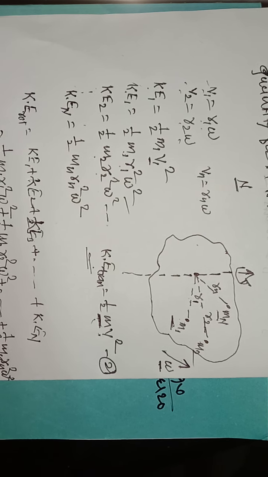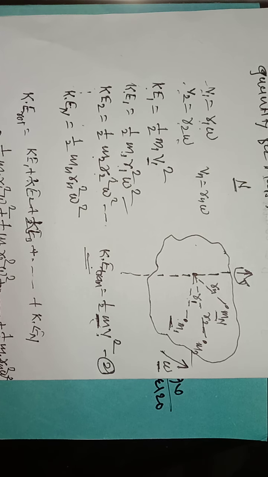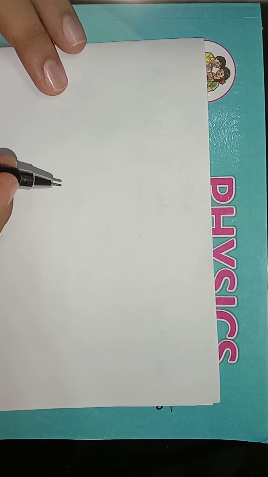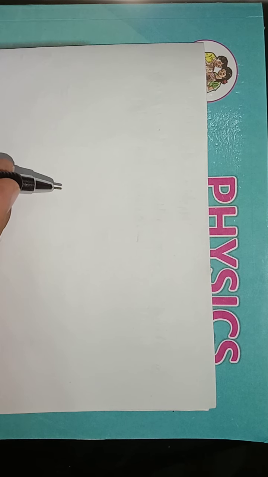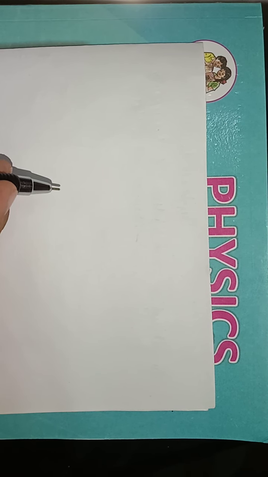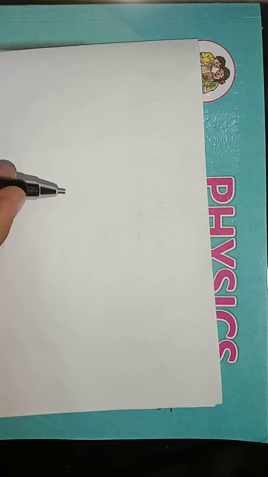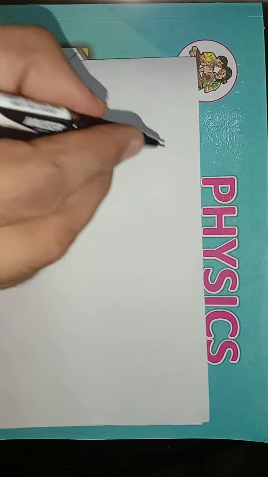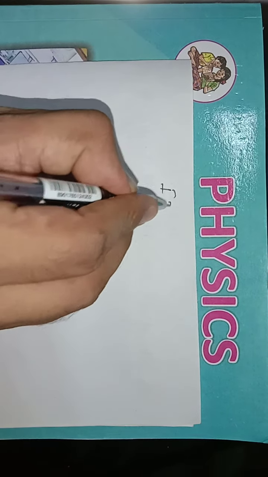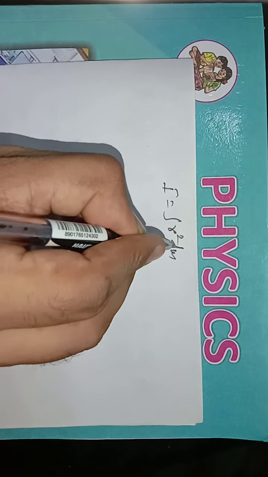Now if we assume the object to consist of a finite number of particles, for a homogeneous rigid object of mathematically integrable mass distribution, the moment of inertia is to be obtained by integration as I is equal to the integration of r square dm, where dm is the small mass.